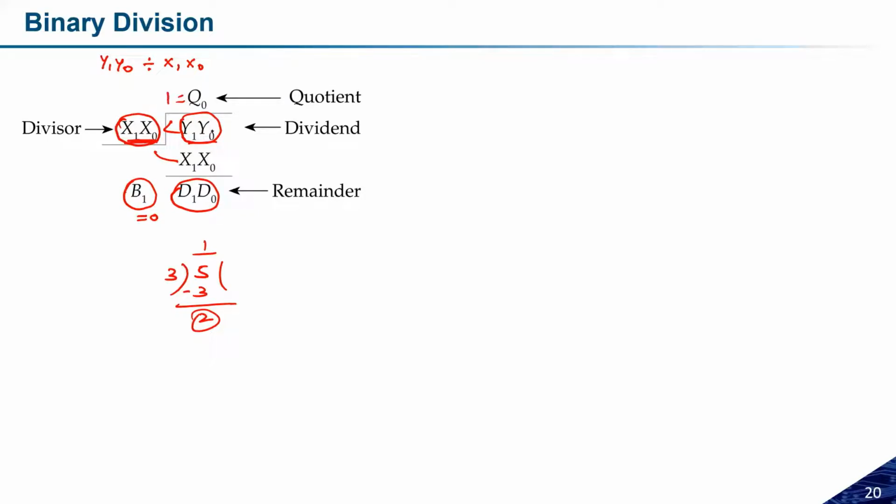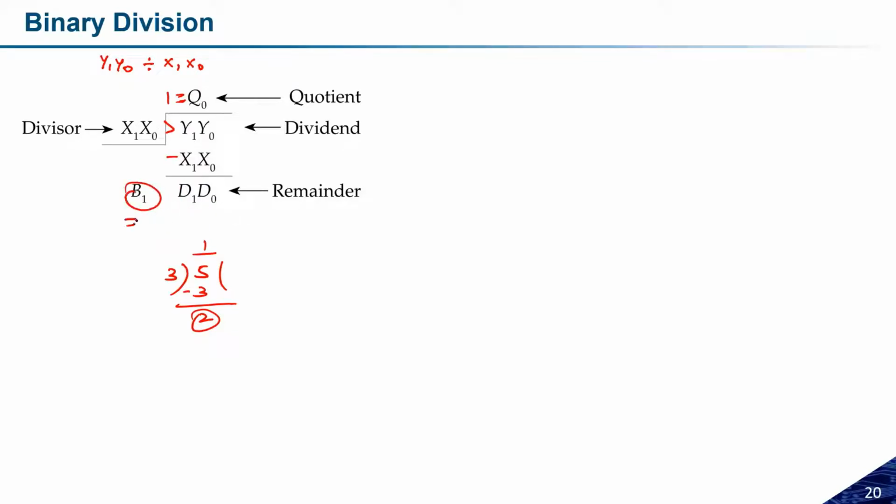We can make the division once, like y1 y0 minus x1 x0, and this is possible. So this q1, the quotient, will be 1, and the borrow will be 0. Similarly, if you see the opposite case, if x1 x0 is greater than y1 y0, and I'm trying to subtract it, then in that case I need to take some borrow.